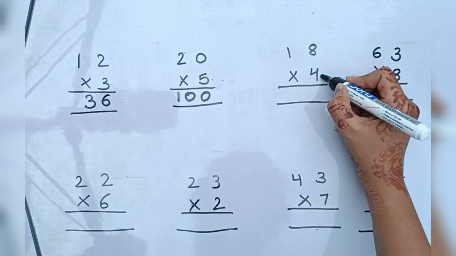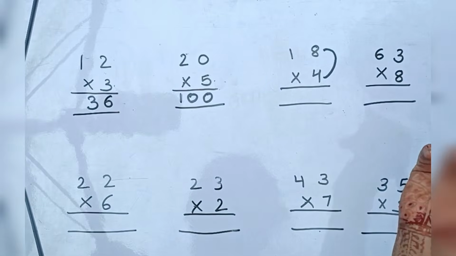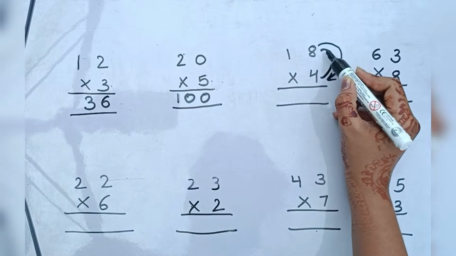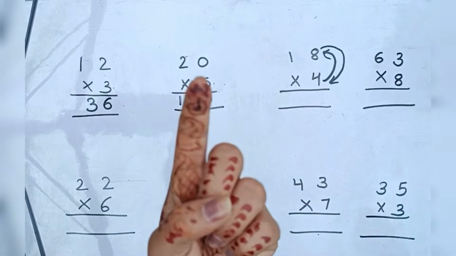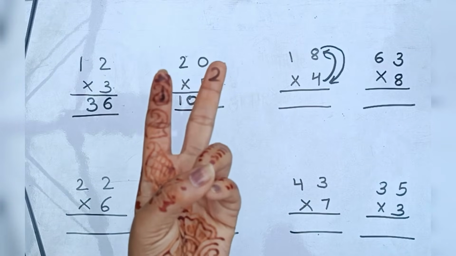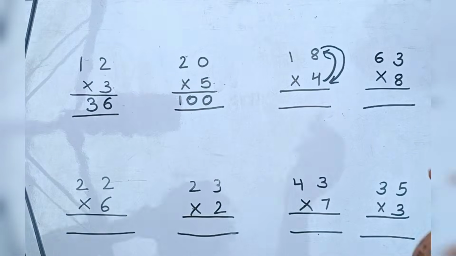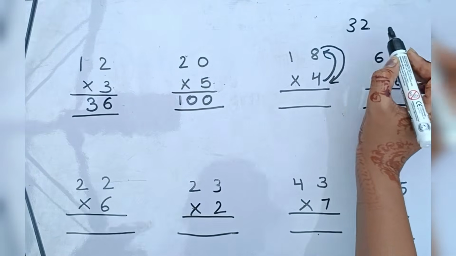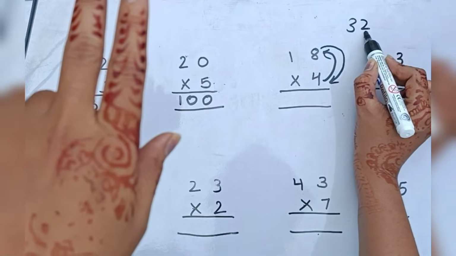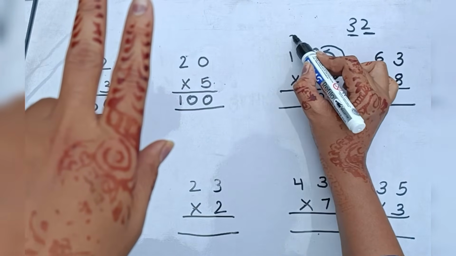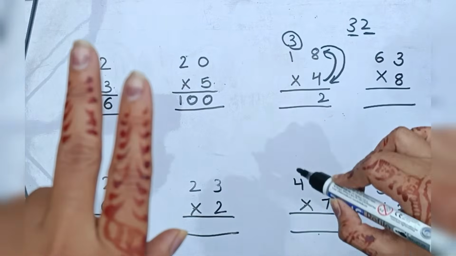Now 4 8s are, or we can multiply 8 4s are. 8 1s are 8, 8 2s are 16, 8 3s are 24, 8 4s are 32. 32 is a 2-digit number, so 2 here and 3 as a carry here.